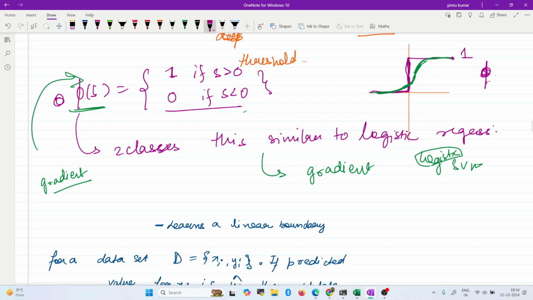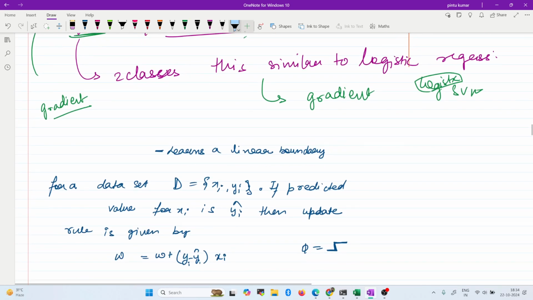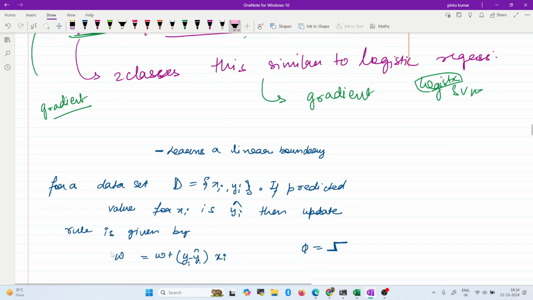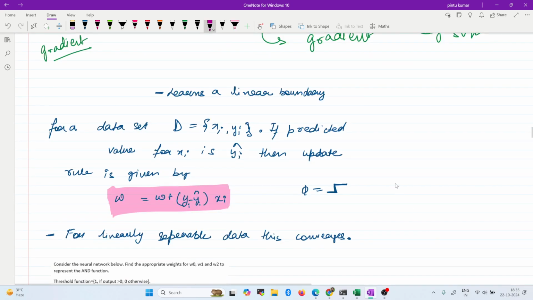So what the people who proposed this perceptron did is, they also proposed an update condition. This is not very relevant in today's context, as nobody uses this kind of update condition, but because it was proposed in history, we should study it.